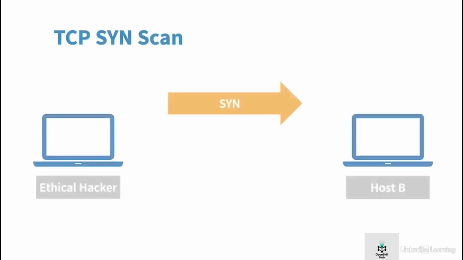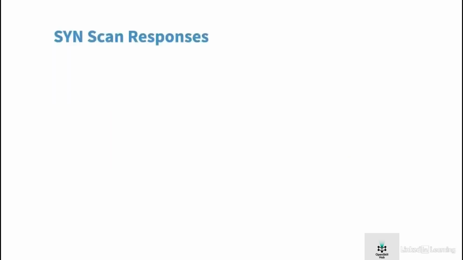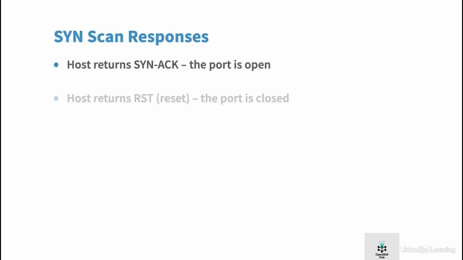When using a SYN scan, the scanner only sends the SYN packet, or the initial packet in the TCP handshake. And the results are as follows. If the host returns a SYN ACK, that means the port is open. If the host returns a reset, that means the port is closed.